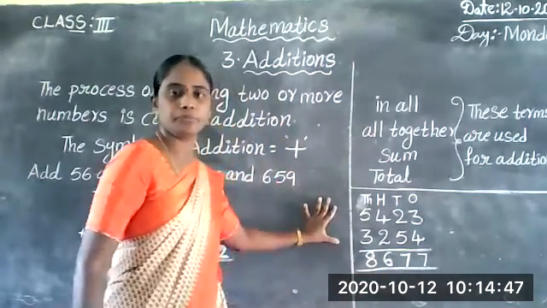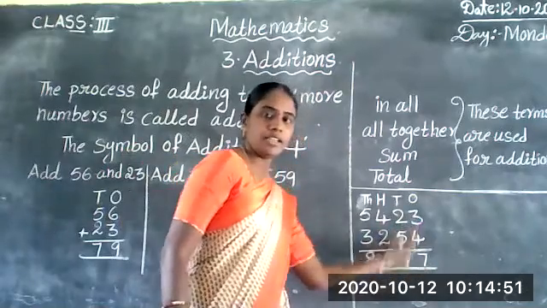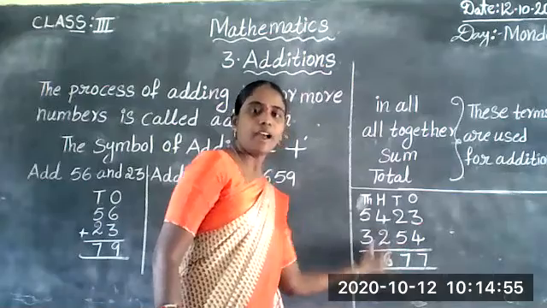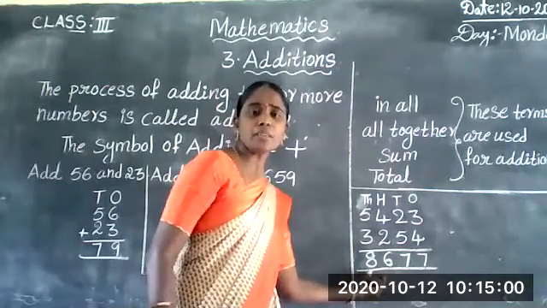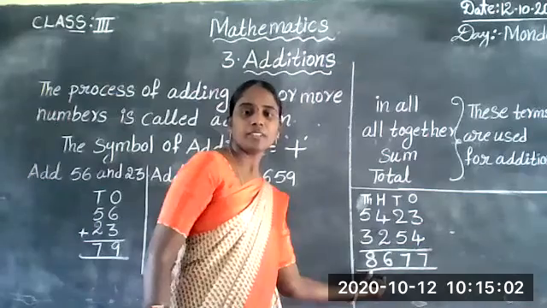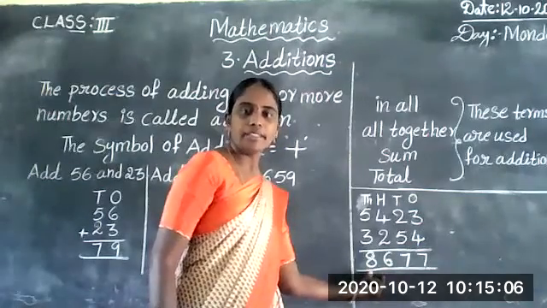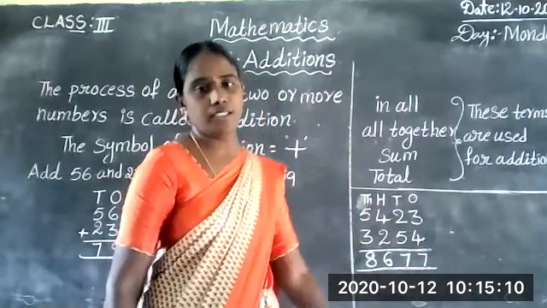Okay. In ones place 7 is there. In tens place 7 is there. In hundreds place 6 is there. In thousands place 8 is there. How can we read this number? In thousands place 8 is there: 8,000.